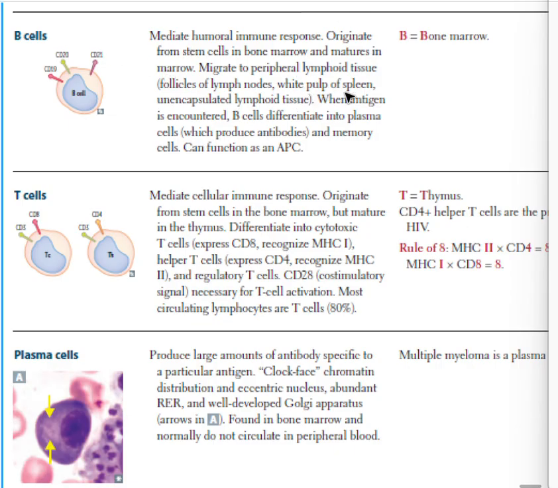Now, the function of B cells is to produce antibodies, right? This is part of the maturation. They're made and maturing in the bone marrow. So B for B cells, B for bone marrow. When activated, they become plasma cells, and plasma cells are basically antibodies, right? So they're activated to form plasma cells and memory cells. They can also act as antigen presenting cells. Why?